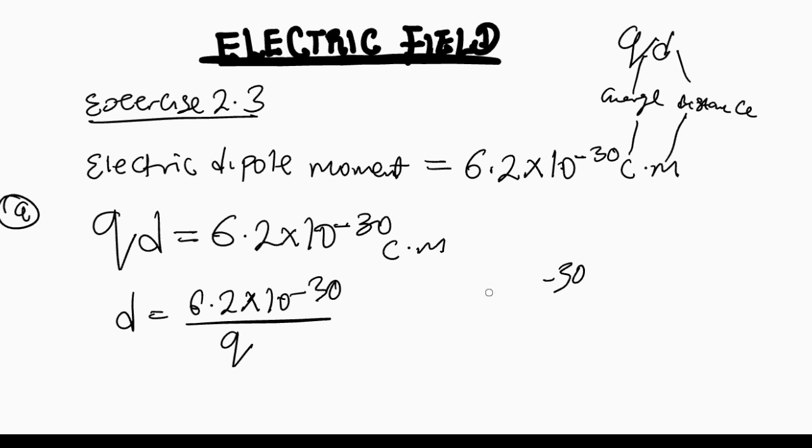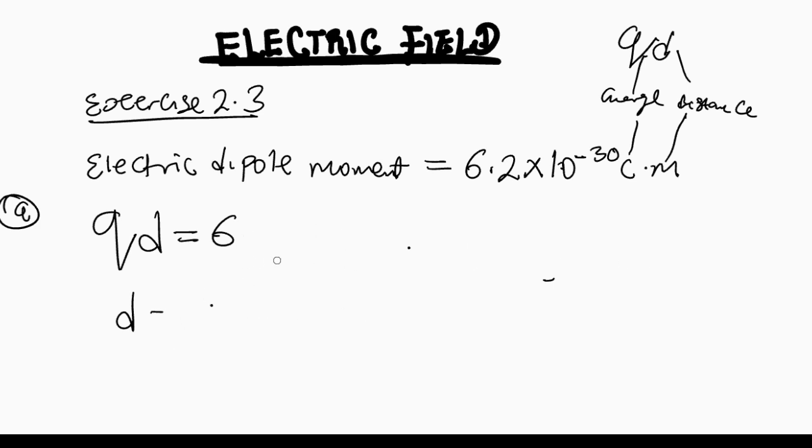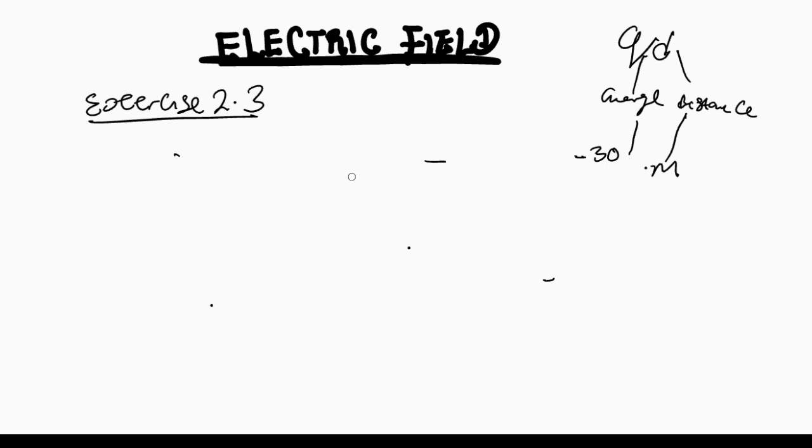Question 2 here says that if the molecule, question B here says that if the molecule is placed in an electric field of 1.5 times 10 raised to power 4, what is the maximum torque exerted on it?